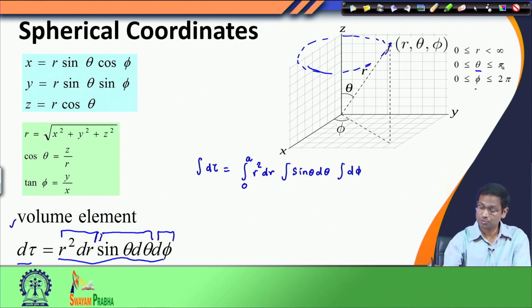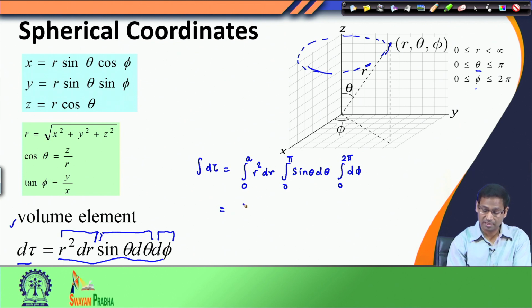Sin theta goes from 0 to pi. That means, for a given value of r, I am taking this r vector from this z axis and bringing it all the way to minus z. So, this is what happens from 0 to pi, and d phi goes from 0 to 2 pi. That means, for each value of theta, I am making a precession around z axis such that phi goes from 0 to 2 pi.